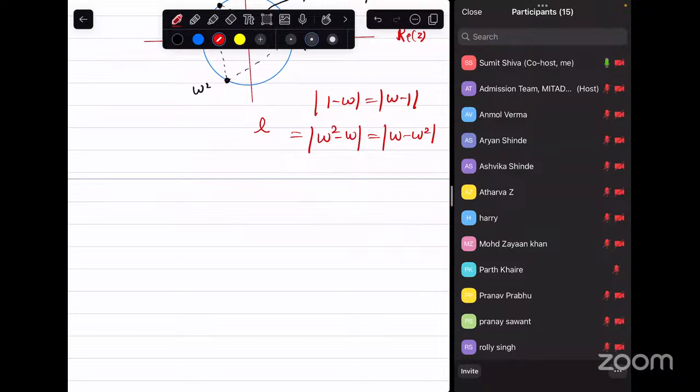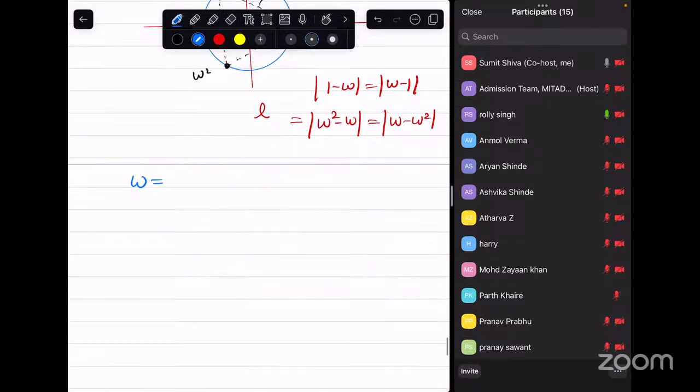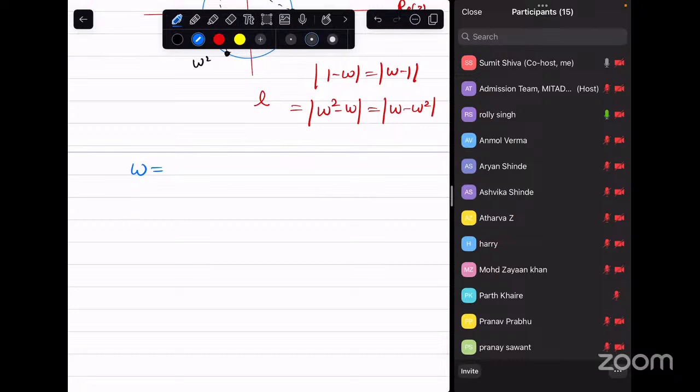So could anyone tell me what is the value of omega? Anyone? What is the value of omega? Omega is -1 plus root 3 iota by 2.